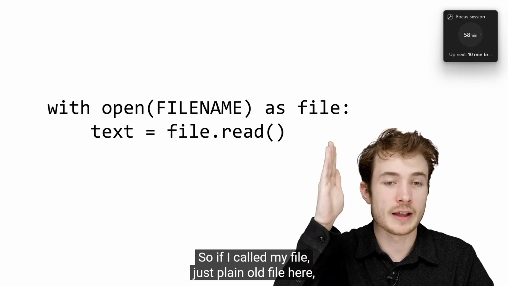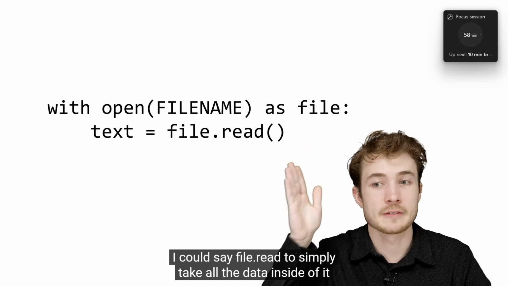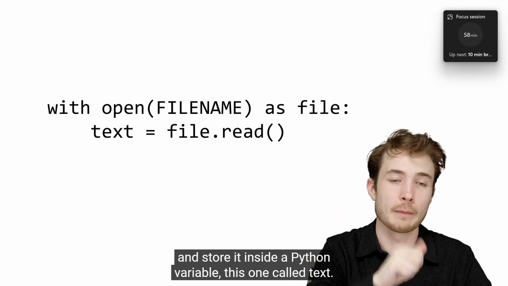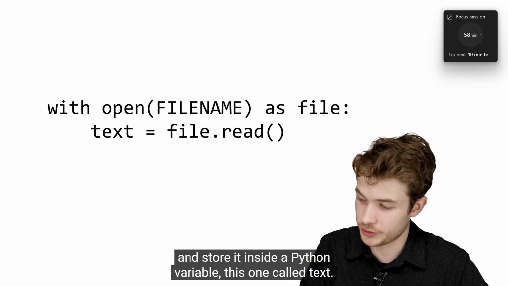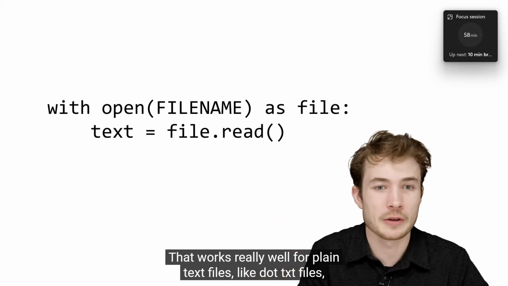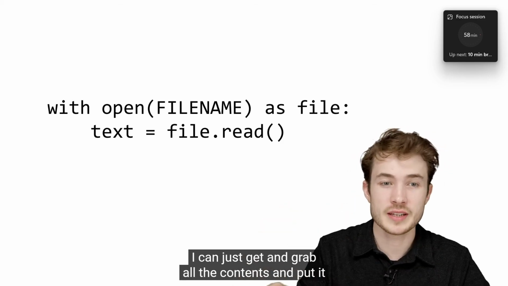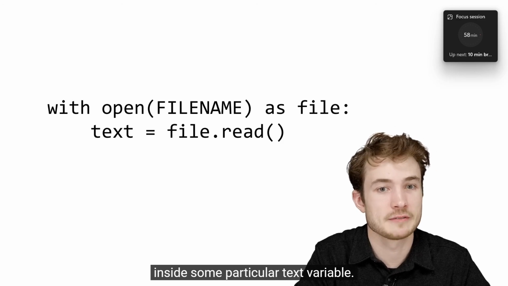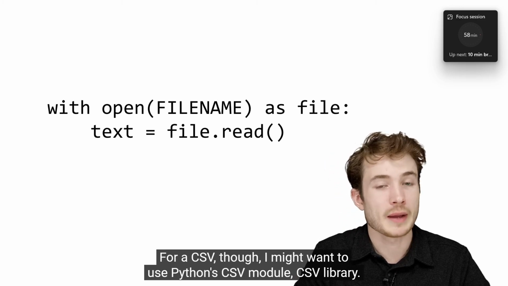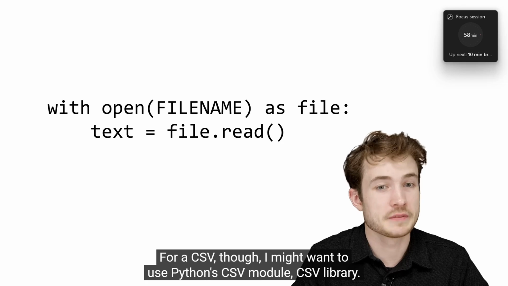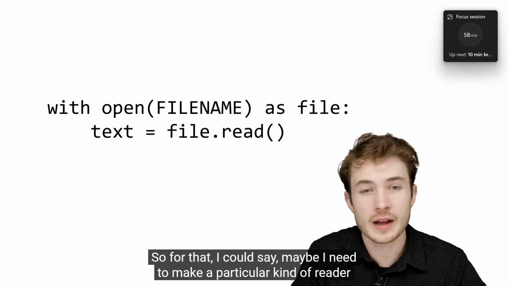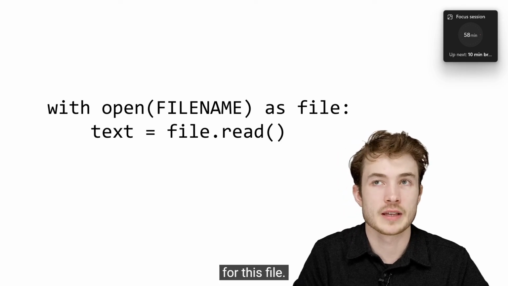So I could say file.read to simply take all the data inside of it and store it inside a Python variable, this one called text. That works really well for plain text files, like .txt files, for instance. I can just grab all the contents and put it inside some particular text variable. For a CSV, though, I might want to use Python's csv module, csv library. So for that, maybe I need to make a particular kind of reader for this file.